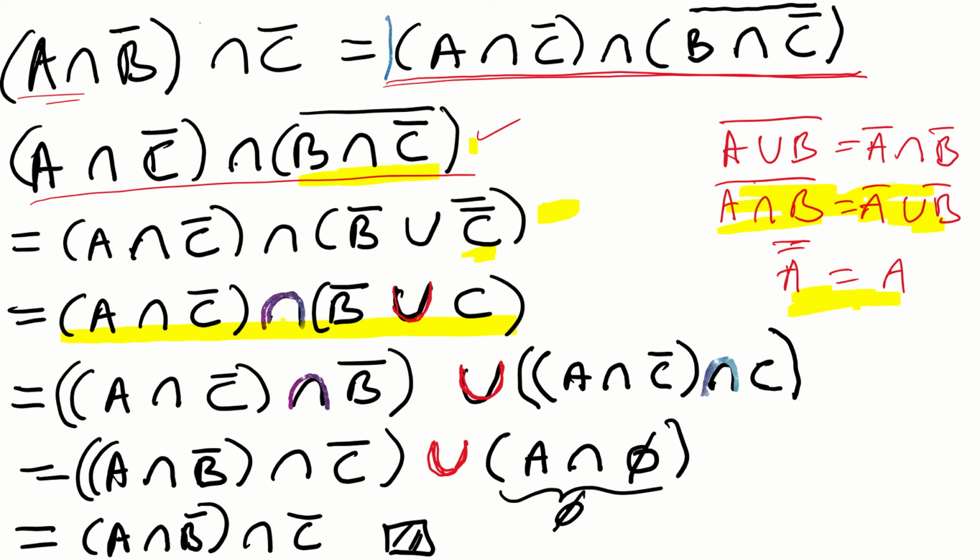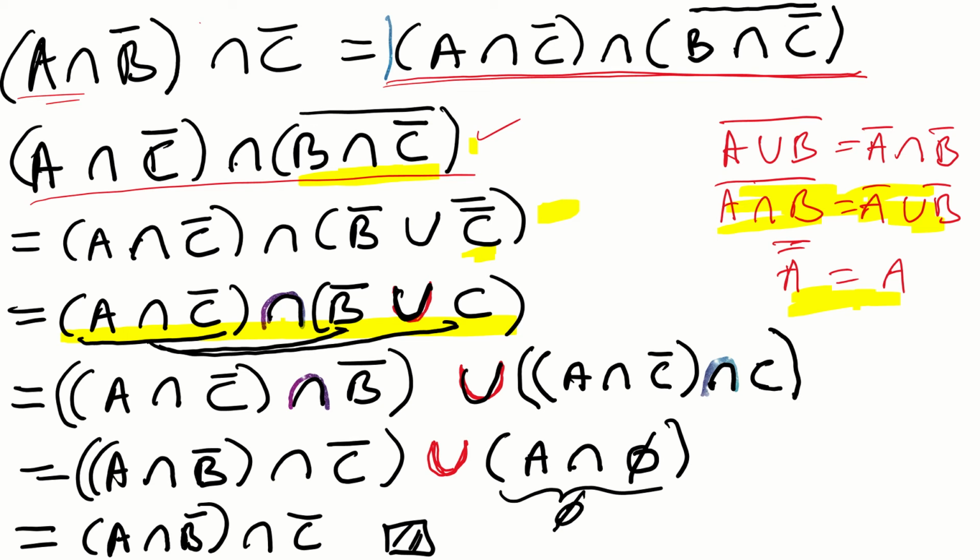Now I'm going to apply the distributive law. The reason why you can see that there's different color here, I'm trying to emphasize on something. So if we think of this expression as one big block, so basically what we did, we distribute it with this and then also with this expression.